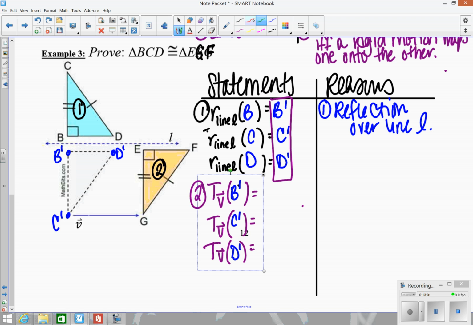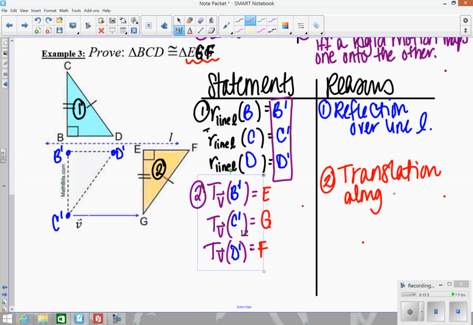So when I translate B prime, that's going to move to E. So this will equal E. C prime is going to move to G. And D prime will move to F. And remember, in the end, you should be getting out these coordinates because that's what we're trying to show. So the reason for this is a translation along vector V.